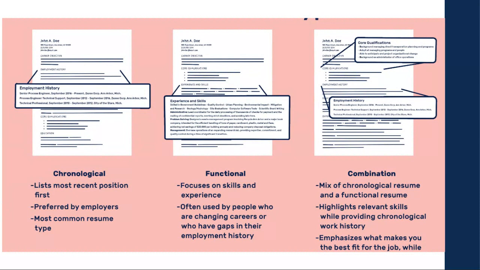The next one, the middle one, is the functional resume format. This is a bit different from reverse chronological. Functional is basically about your experiences and your skills, not where you have worked, right? So functional is what skills you have, what experiences you have.